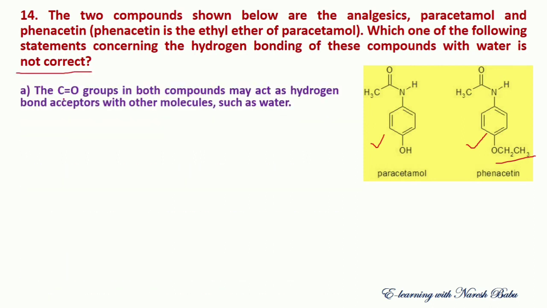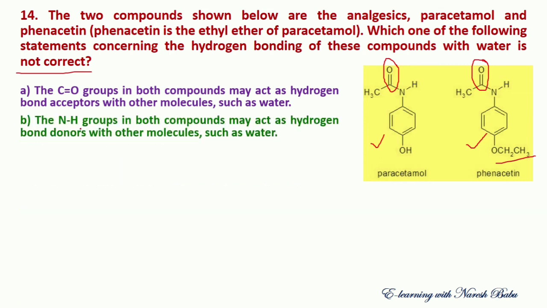First one, the CO group in both compounds may act as hydrogen bond acceptors with other molecules such as water. So the CO present in both compounds acts as a hydrogen bond acceptor. Yes, it is correct. Next, the NH groups in both compounds may act as hydrogen bond donors with other molecules such as water.